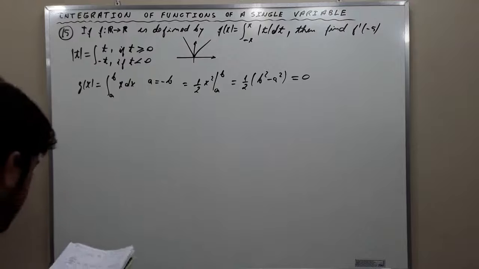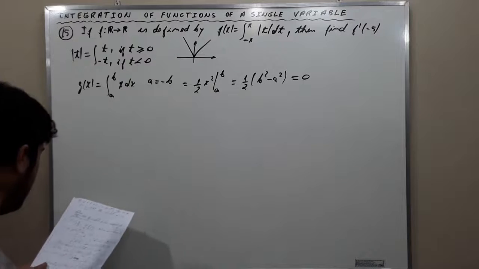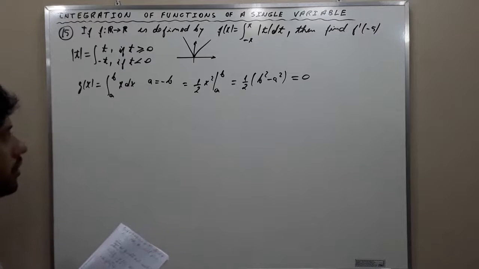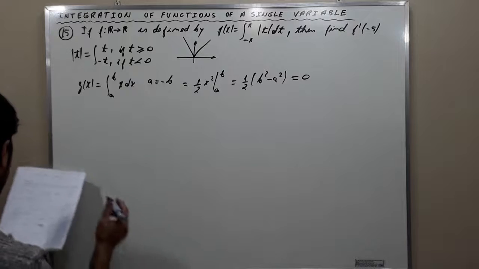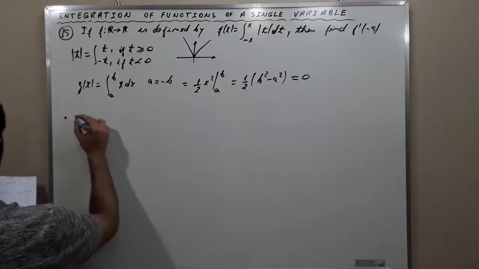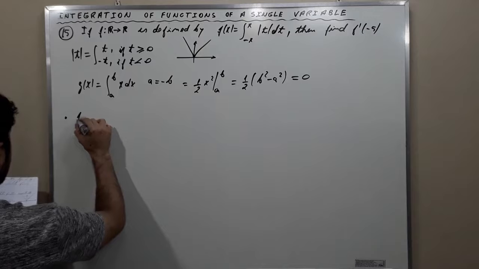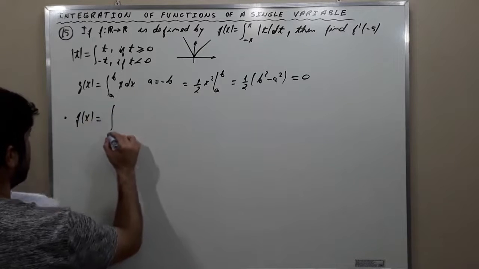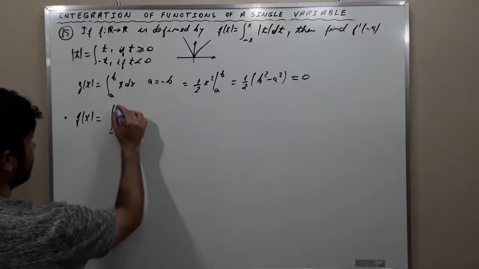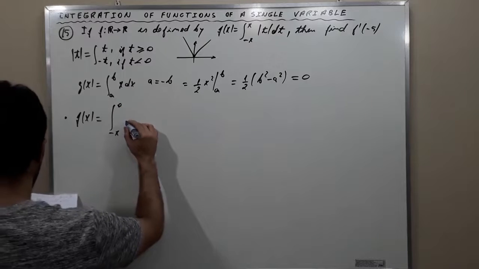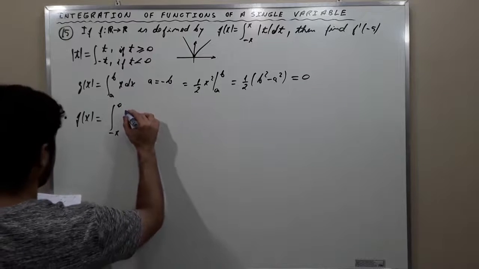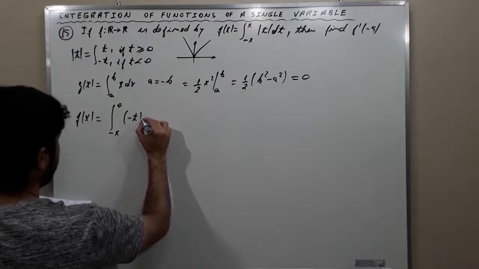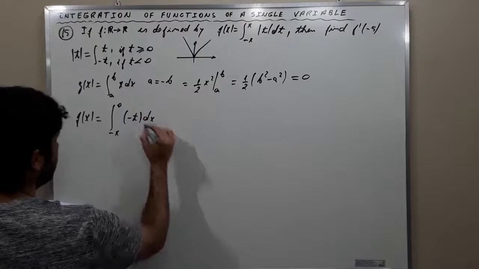It is required to calculate in another way, and the way for calculating this is going to be this way here. We're going to observe that f of x is equal to the integral from negative x to 0 of negative t dt, okay?